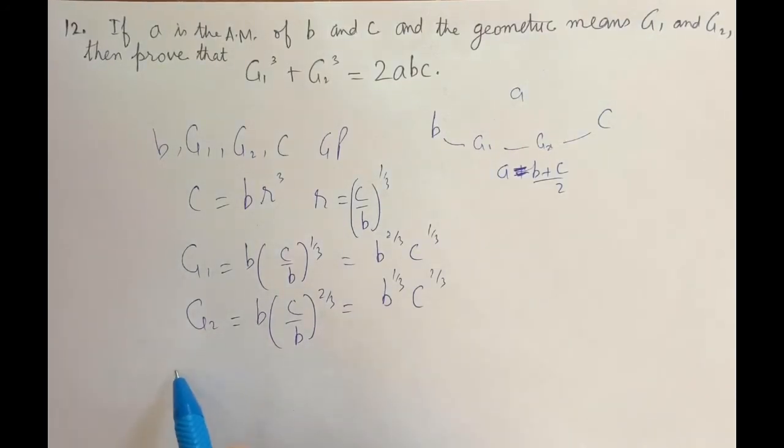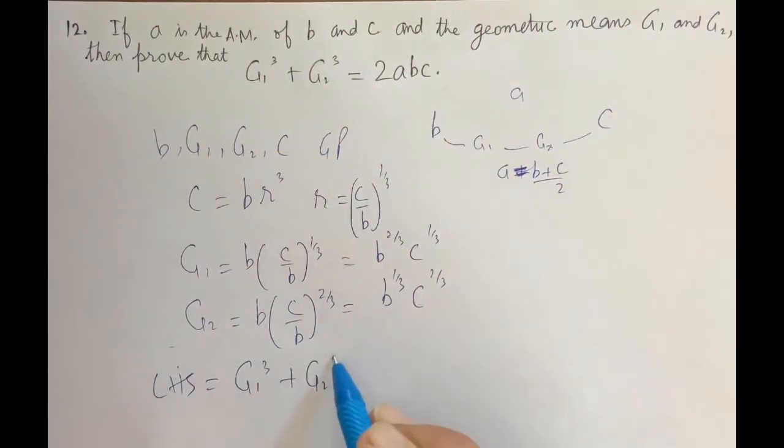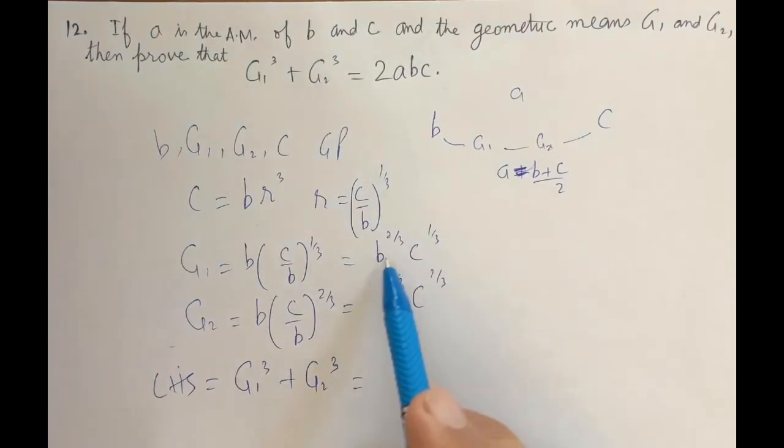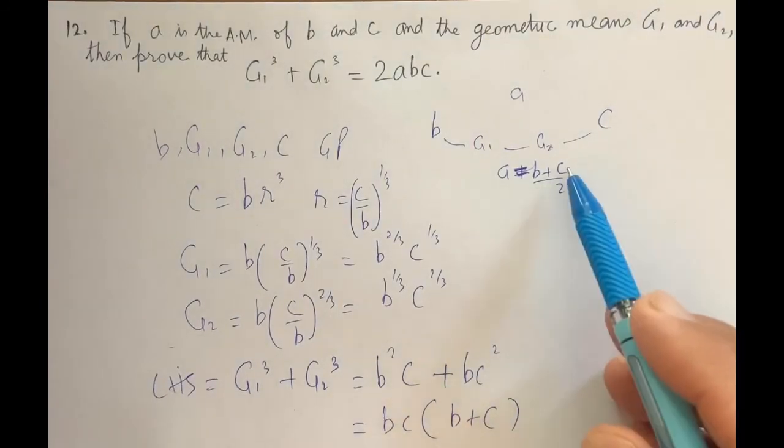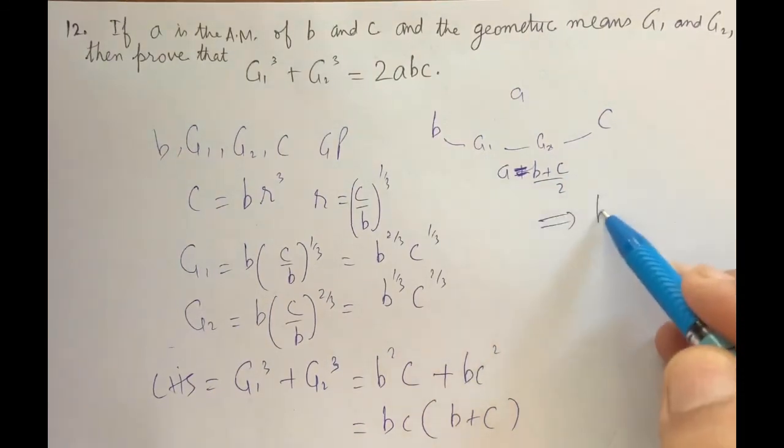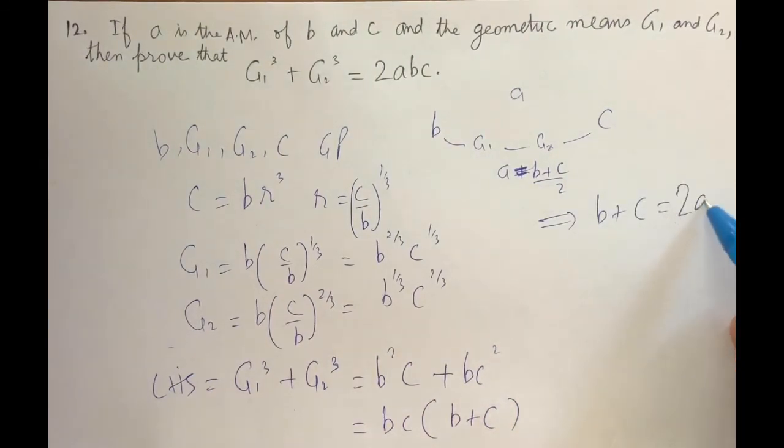We can now prove this result starting from left hand side, which is g1 cube plus g2 cube. g1 cube is cube of this expression, that is b square into c, and g2 cube, that is b into c square. And this can be written BC into B plus C. A is B plus C by 2, so this means B plus C can be written 2A.